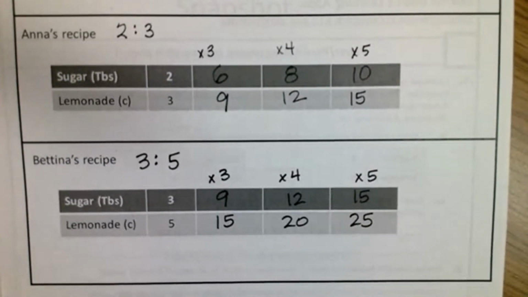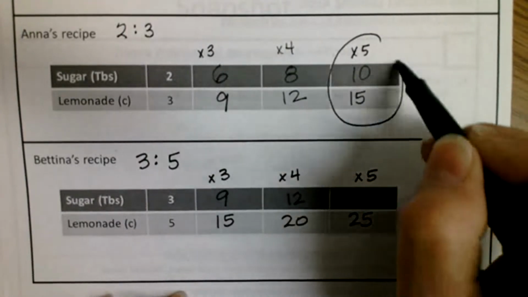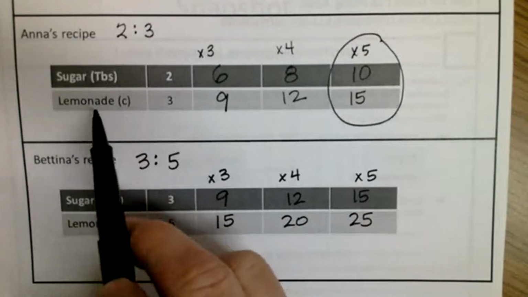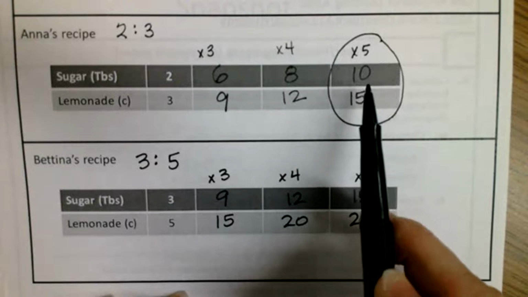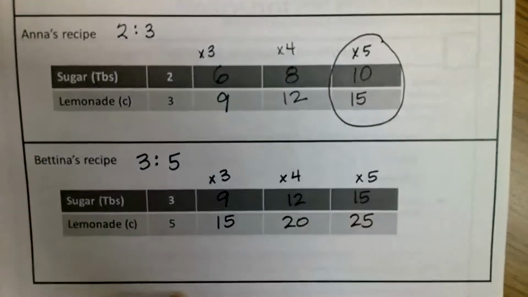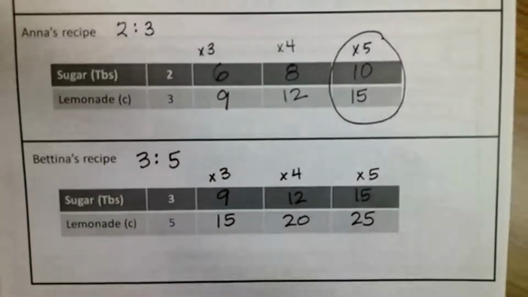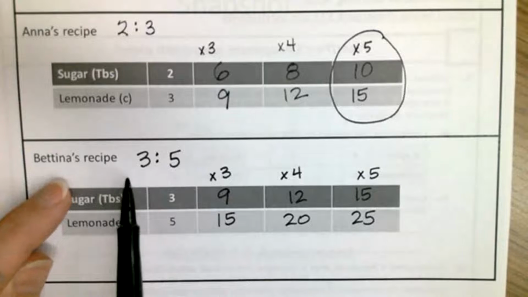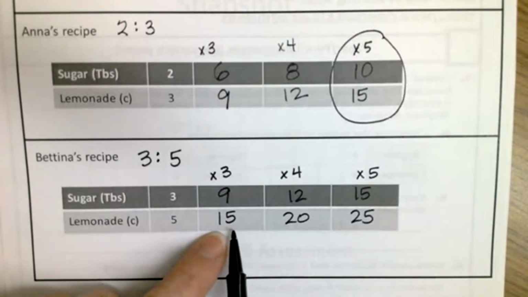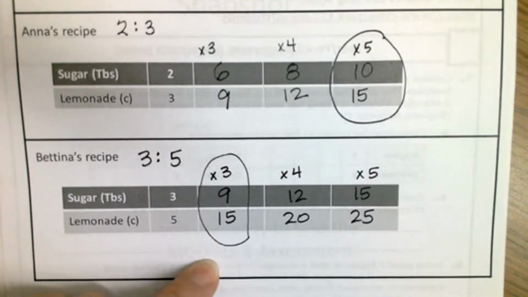Now, here is where it helps. If we want to know which one is sweeter, we can see right here in Anna's recipe, when there are 15 cups of lemonade, there are 10 tablespoons of sugar. All right. When you look at Bettina's recipe, when there are 15 cups of lemonade, there are 9 tablespoons of sugar.